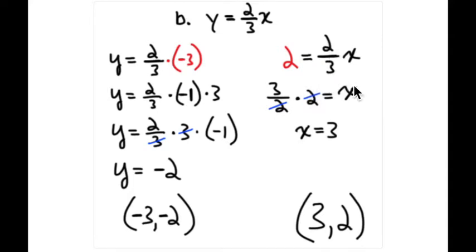That makes this a 1 on this side. And so 3/2 times 2, these 2's cancel out. 2 divided by 2 is 1, and you're left with 3. So x equals 3. And that makes sense. 2/3 of 3 is 2. So this point, 3 for the x-coordinate, 2 for the y-coordinate, is on the graph of this line, and it is a solution to this equation.